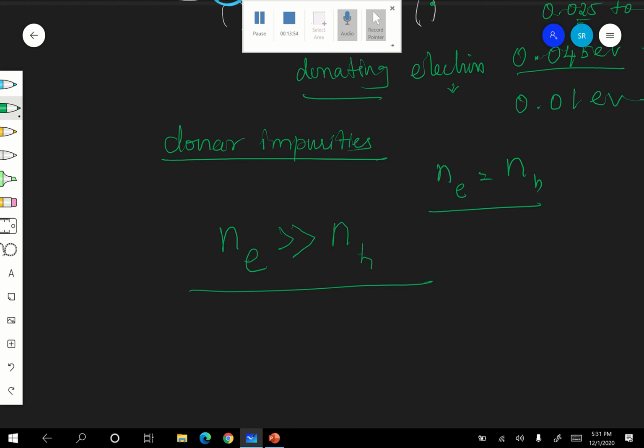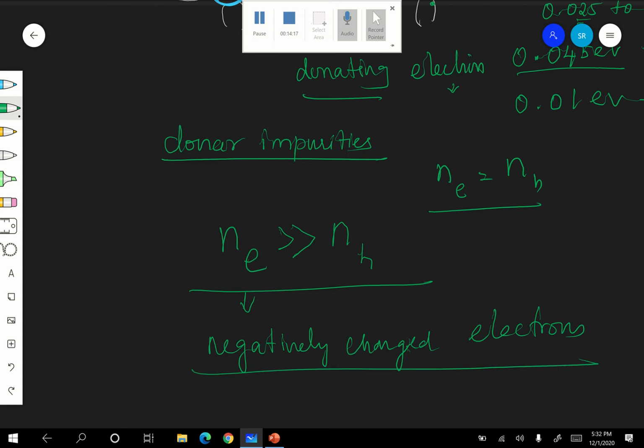Conductivity here is dominated by electrons. Correct? Why? The number of electrons is more here, negatively charged. Electrons are dominant here.